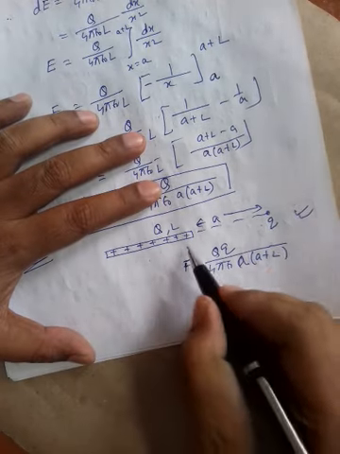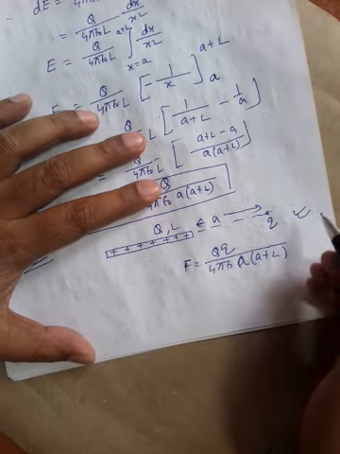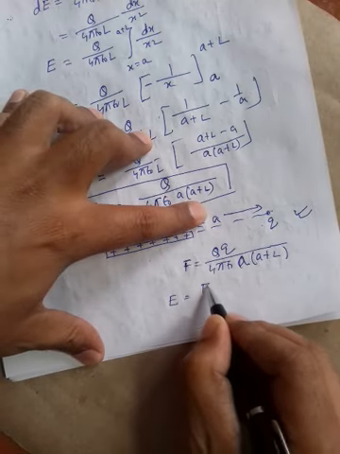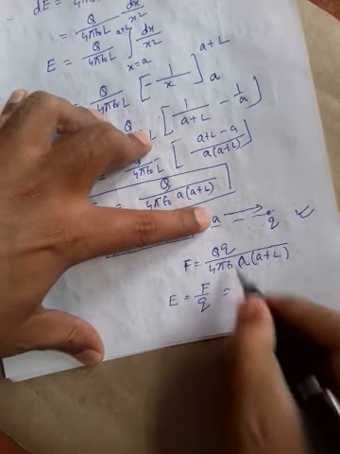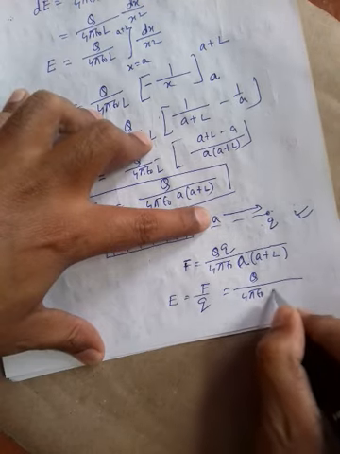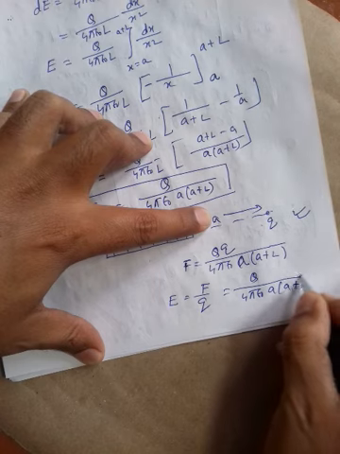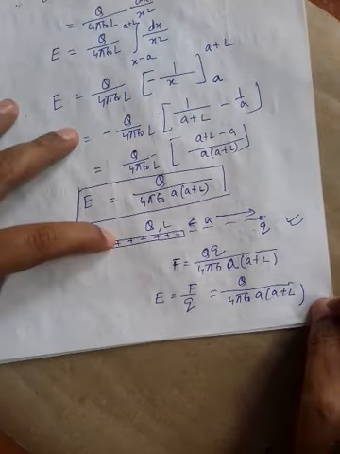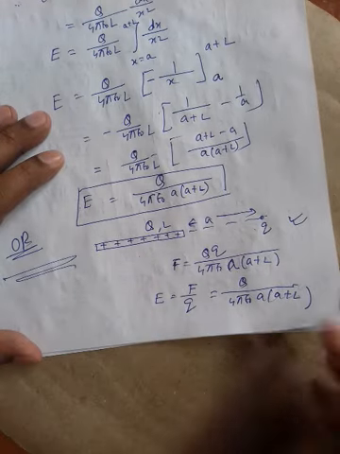Now by definition, this is the force acting on Q charge. So force acting on Q charge is this. Field by definition is F by Q. So if you divide this F by Q, we will get the same answer: Q by 4 pi epsilon naught A into A plus L. So we can calculate field by actual derivation like this, or we can also get it from the idea of force.